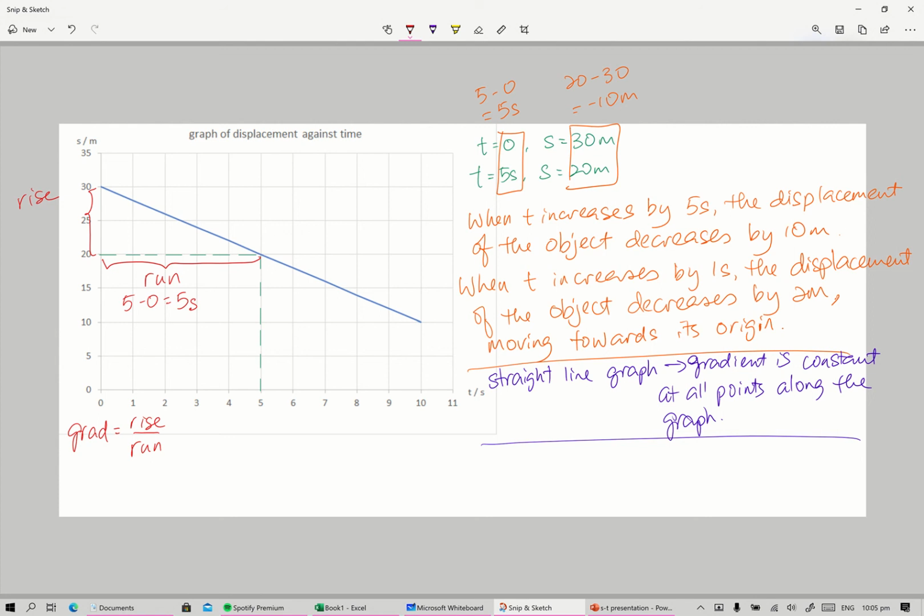So we always take final minus initial, and that's 20 minus 30, this is minus 10 meters. Right, final minus initial, so minus 10 meters. Don't worry about the minus sign, just leave it there first. And that's minus 10 meters over 5 seconds. You get minus 2 meters per second.